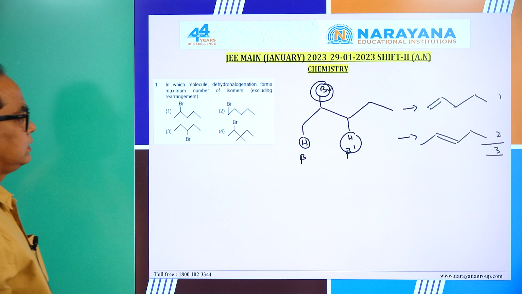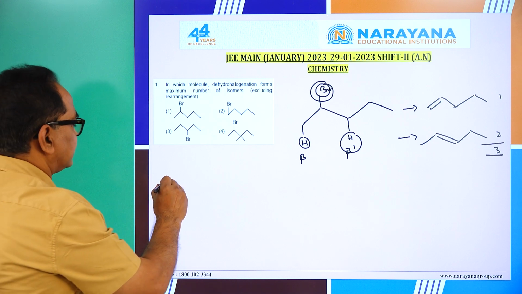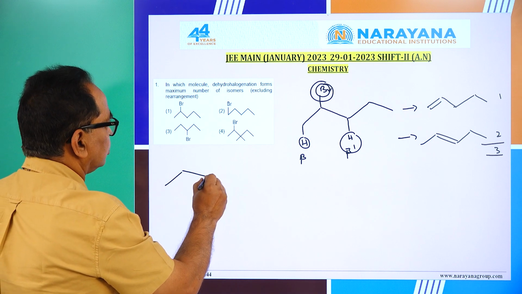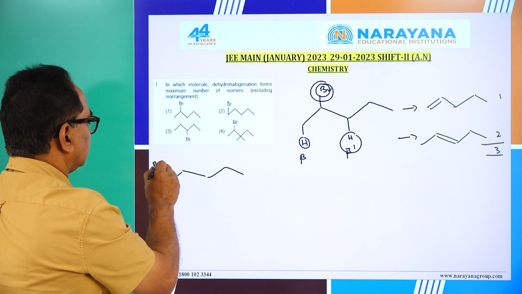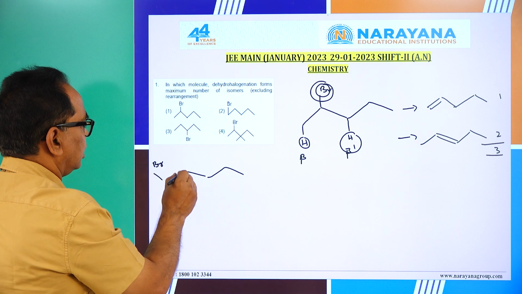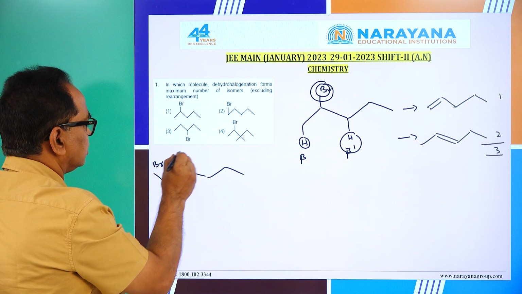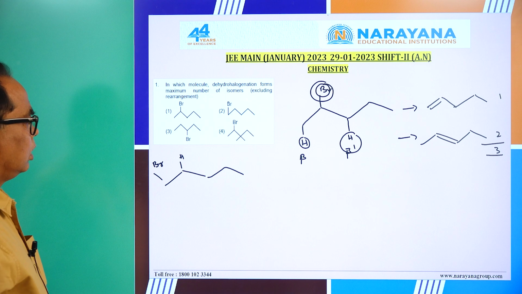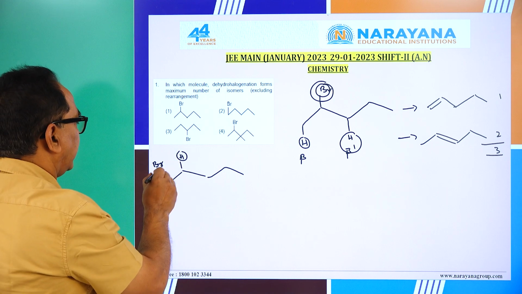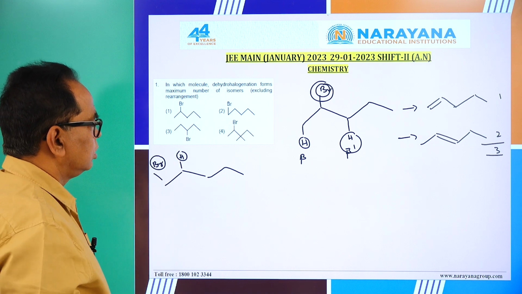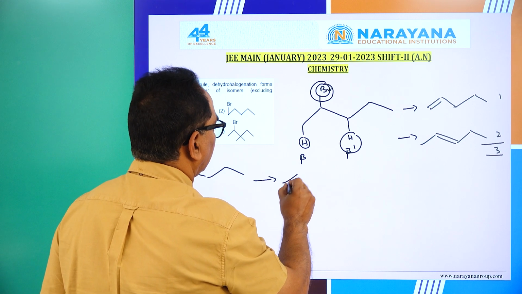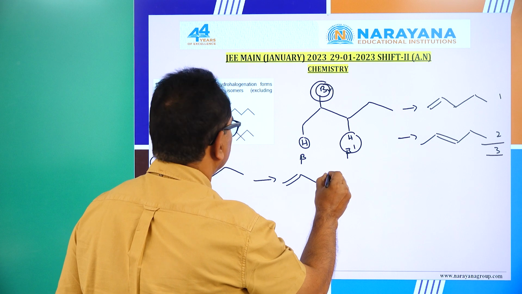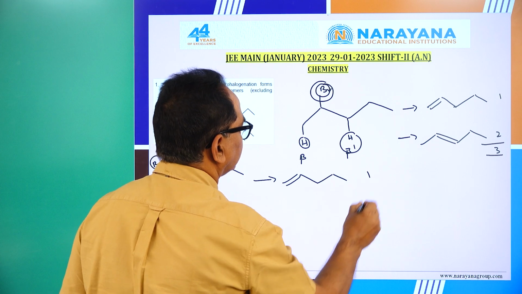When you take the second option, there is only one beta hydrogen, and this is the only beta hydrogen. If this hydrogen and this bromine are removed, then we get only one alkene, which is a terminal one. So one isomer is possible.